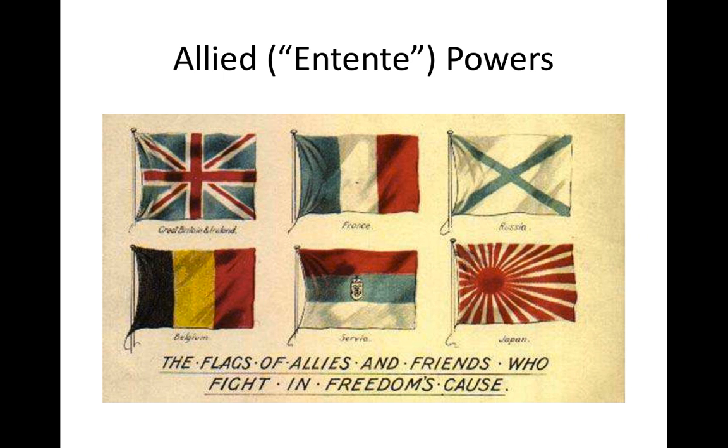On the other hand, the Allied powers, for the most part, except for Russia, in Europe at least, Great Britain and France in particular, and Belgium, were democratic powers. They were democracies.